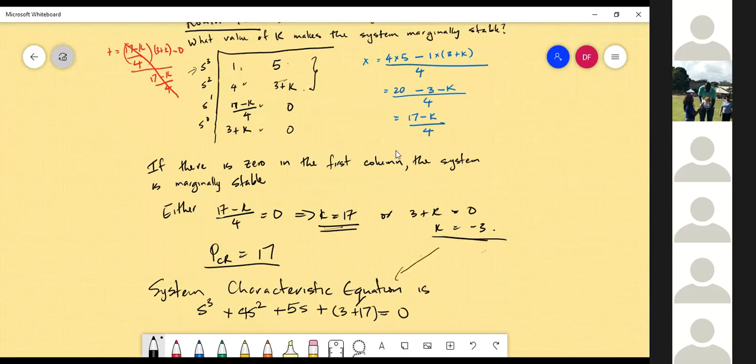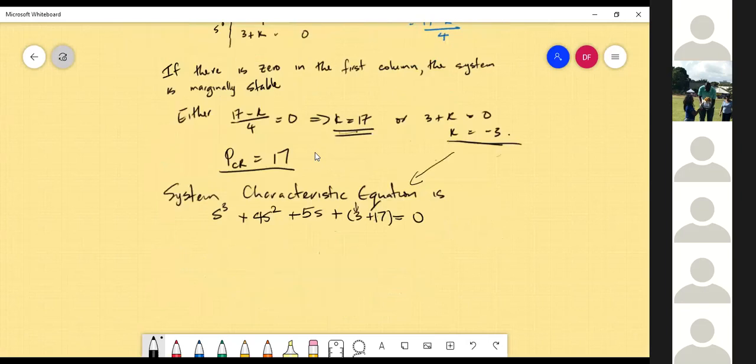When we solve the problem, if we use K equal to minus 3, it's going to be 3 minus 3, and that part is going to cancel, and that leads us to a trivial solution. So we always use a value of K that doesn't cause the constant term to drop out. So the system characteristic equation is S cubed plus 4S squared plus 5S plus 20 equals 0.